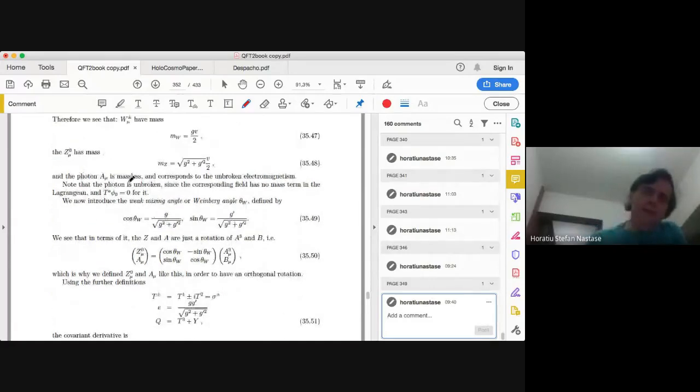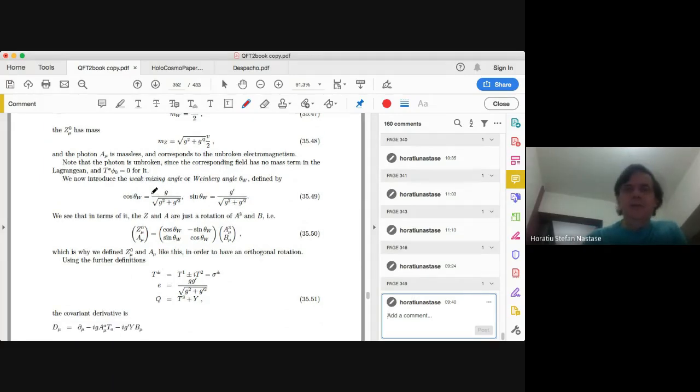So comparing with our general theory before, we see that the unbroken photon, it's unbroken because we have T^A phi 0 equal to 0 for it, and for the other ones T^A phi 0 is non-zero.